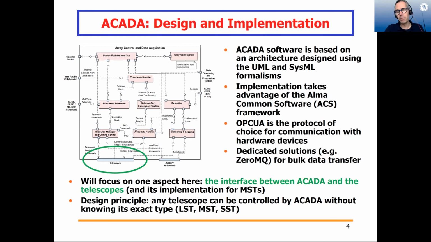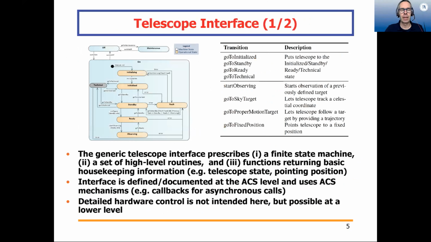The basic design principle was that any telescope can be controlled by ICALEPCS without knowing its exact type. So obviously any LST, MST, or SST should look like any other telescope to ICALEPCS. This interface is part of the software architecture.